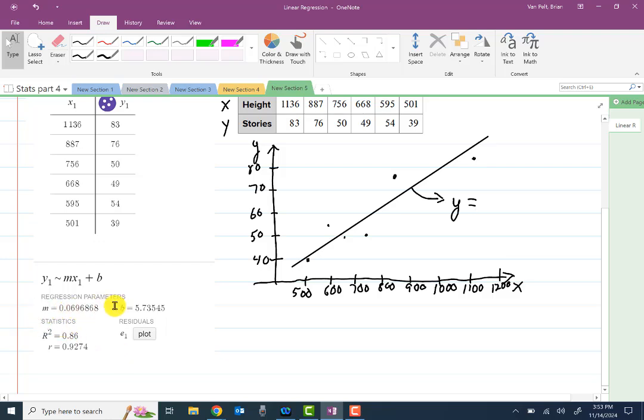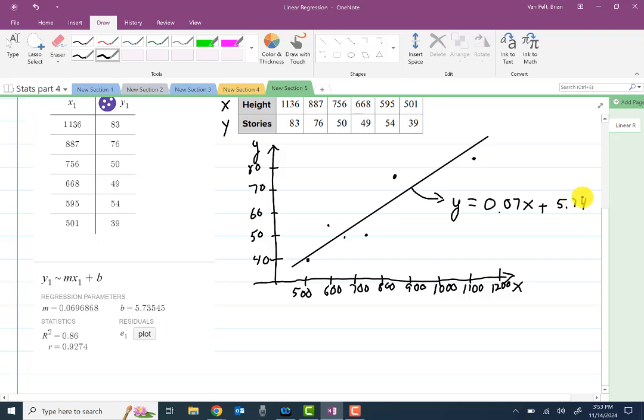I'm only going to do 2 decimal places for these. So my m is going to be 0.07. Put your x and then put the b. The b here, I'm only going to do 2 decimal places for that as well. 5.74.